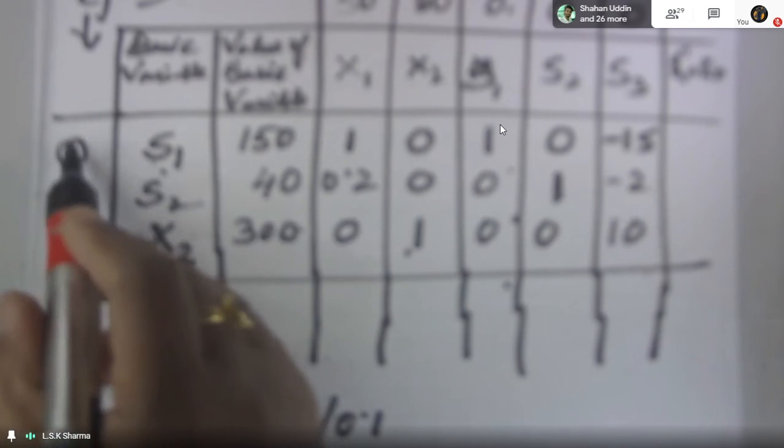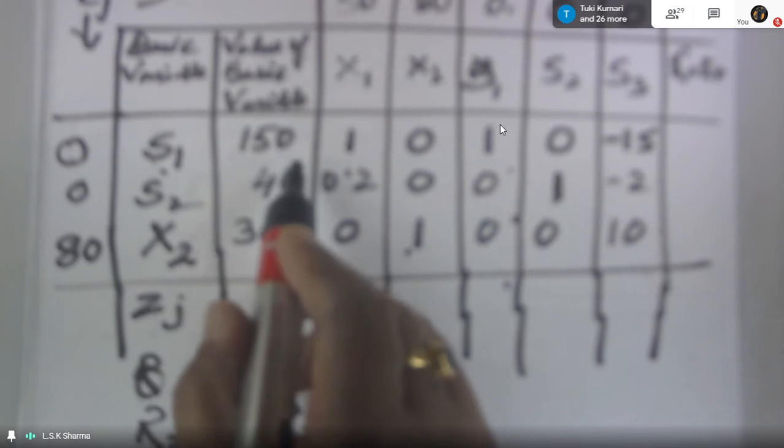Okay, now once we've done this, you have to find out Zj. The same steps again as I've told you earlier. The Zj is nothing but multiplication of this Cj contribution into the value of basic variable as well as the inside part of the problem. So you have 0 into 150 is 0, 0 into 40 is 0. The only numbers are these multiplications.